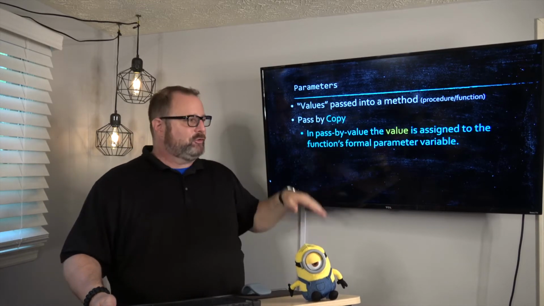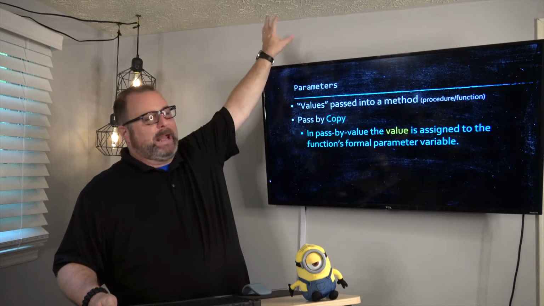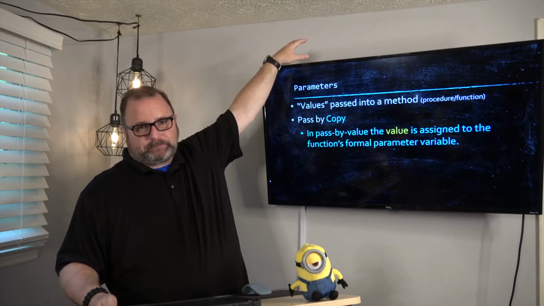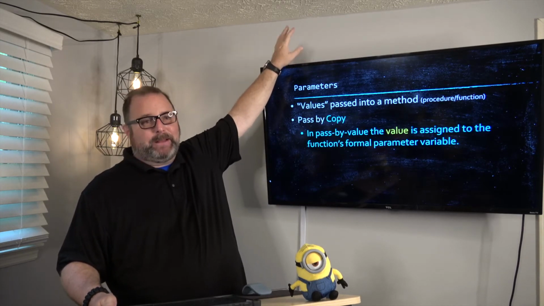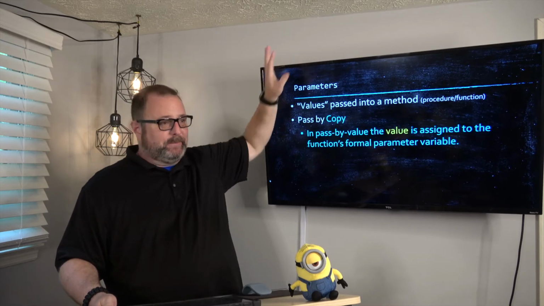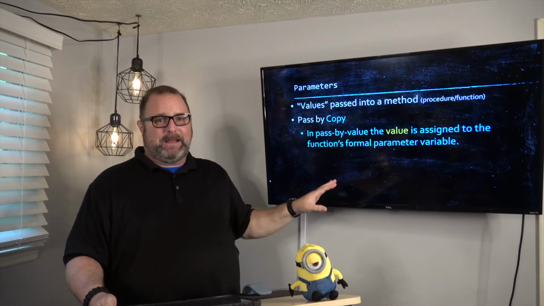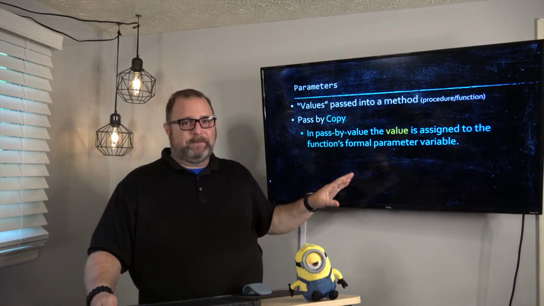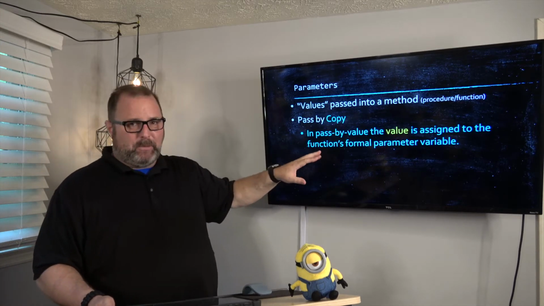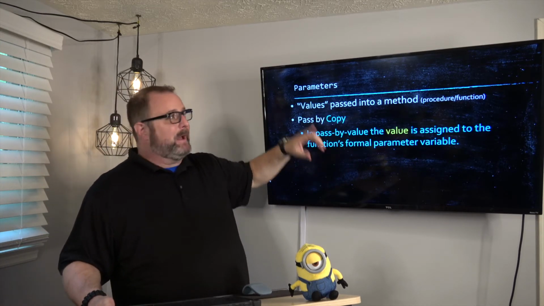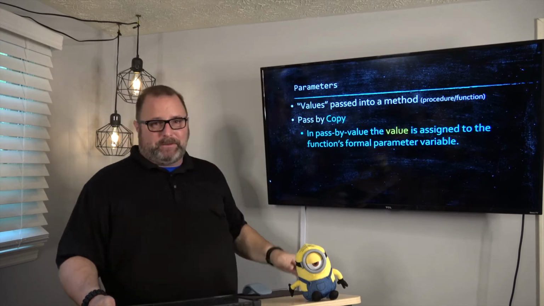I can't change the outside variable because that outside variable is out of scope. It literally does not exist inside this method. Okay? And that's where we get the scope. So when I'm inside this method, I've passed in a copy of that value.